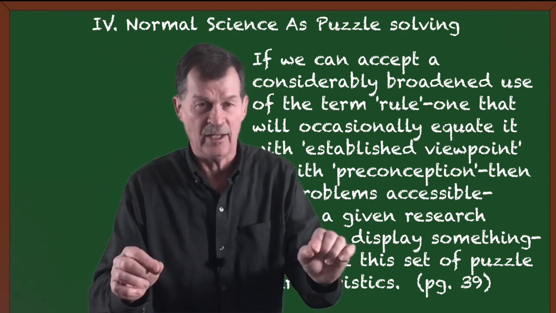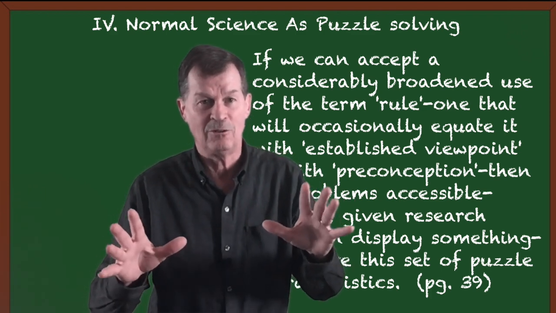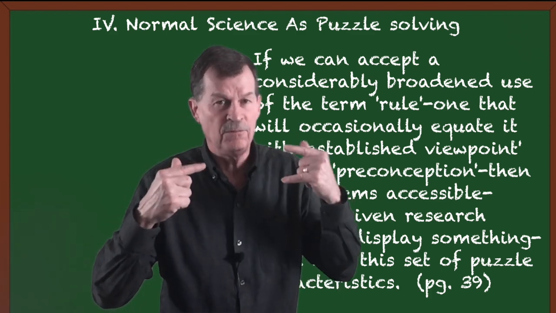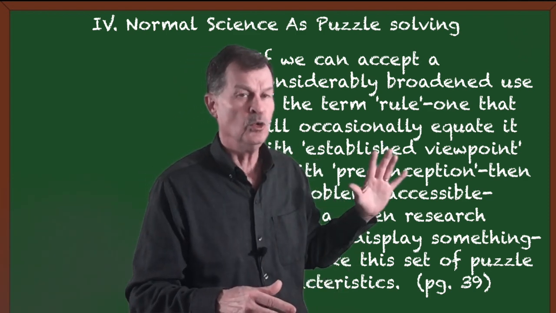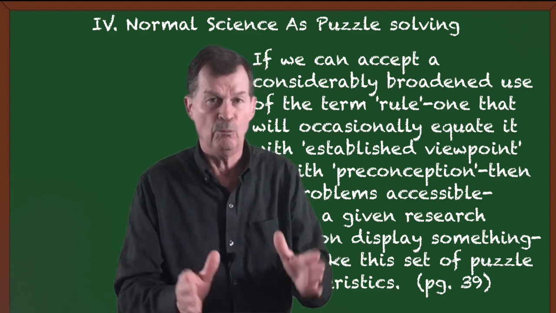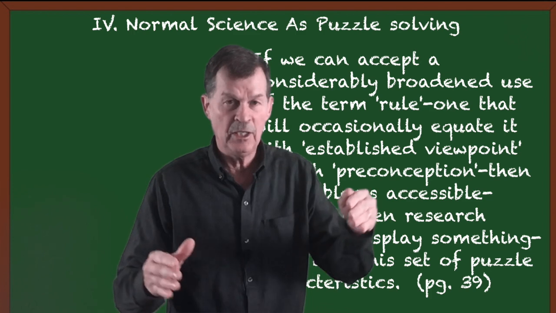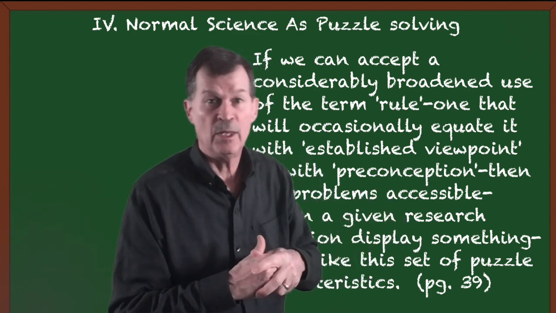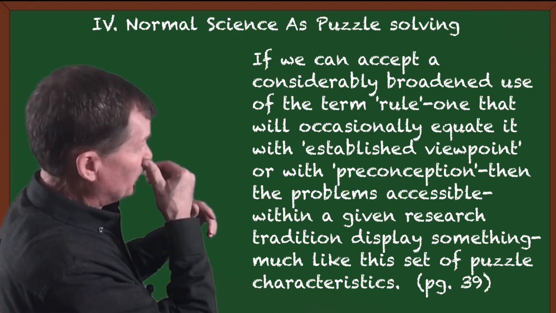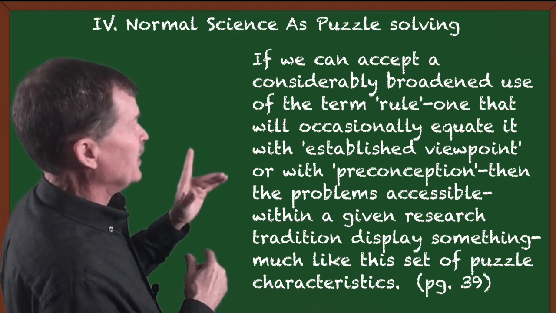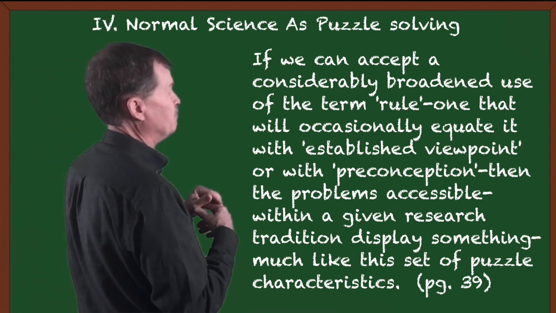We're looking at things, and with the theory, habit, prejudice, and culture, they influence the viewpoint. So what he's saying is the rules within that paradigm represent a particular point of view, a particular viewpoint of the puzzle or preconception. Then the problems accessible within a given research tradition display something much like this set of puzzle characteristics.